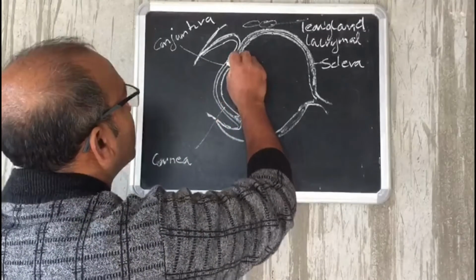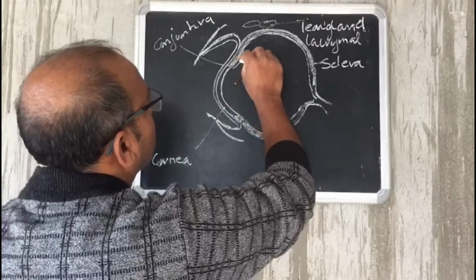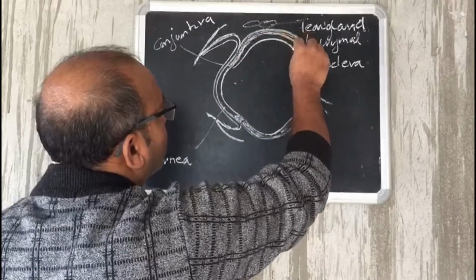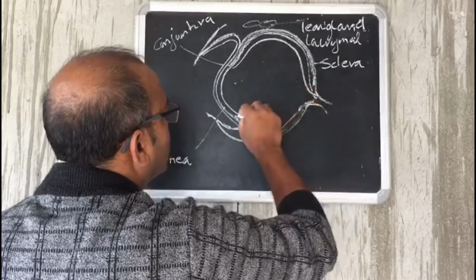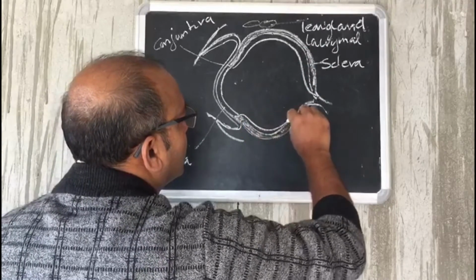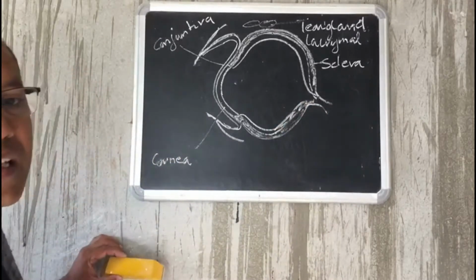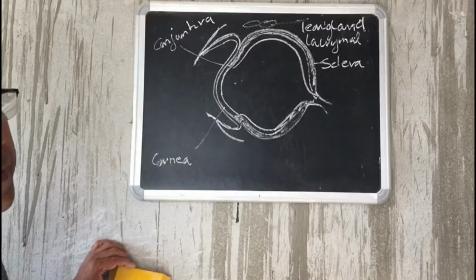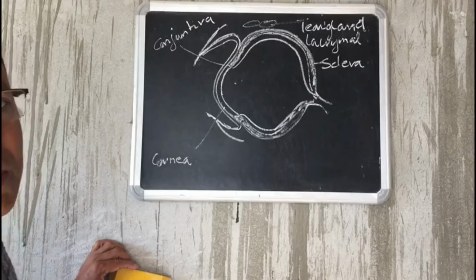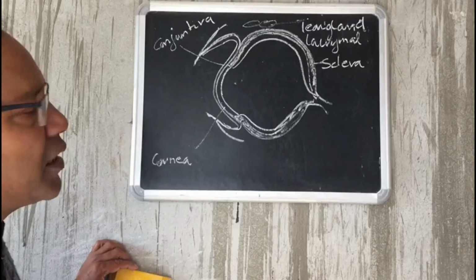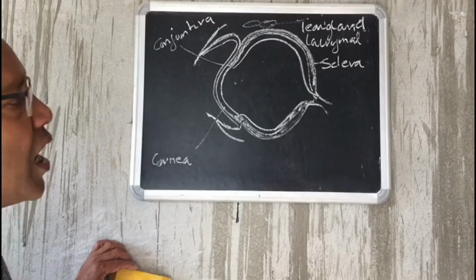The next layer below this is the choroid. This choroid is the second layer, which is black in color. This is black to avoid unnecessary reflection of light when the light enters into the eye.